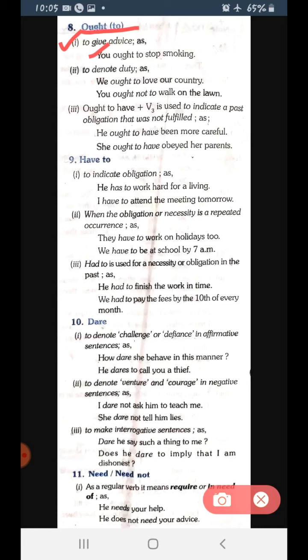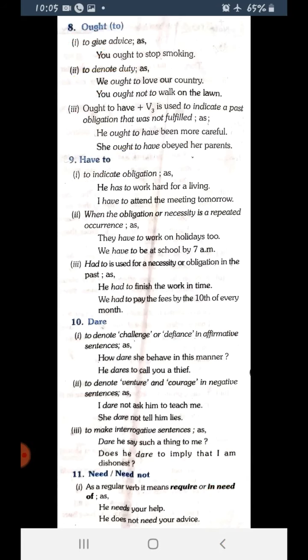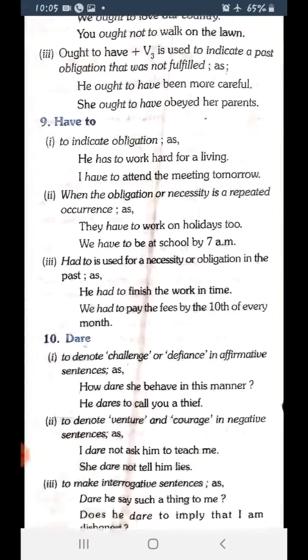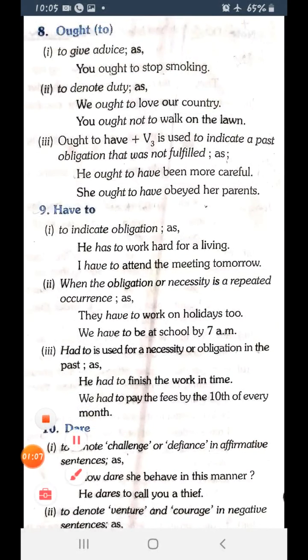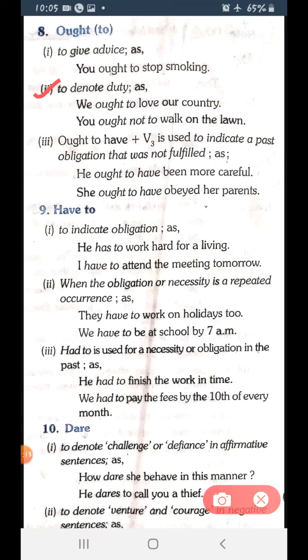Point number 2. To denote duty. That means to show duty. Okay, now it is even clear. Yes. Now point number 2. To denote duty.